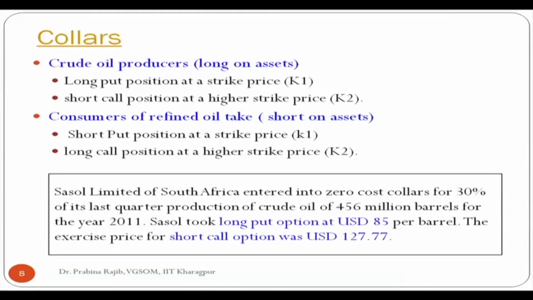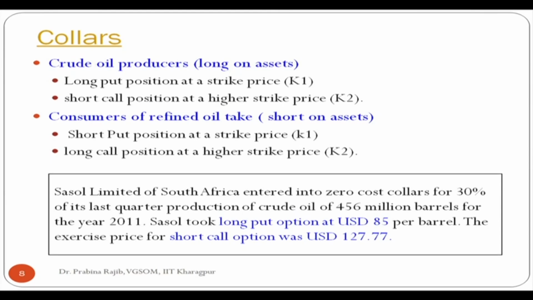So that is a typical plain vanilla put option. But when the company is buying the put option, it has to pay a premium. So to match or not to pay a premium, the company can simultaneously enter into a short call position at a higher strike price.